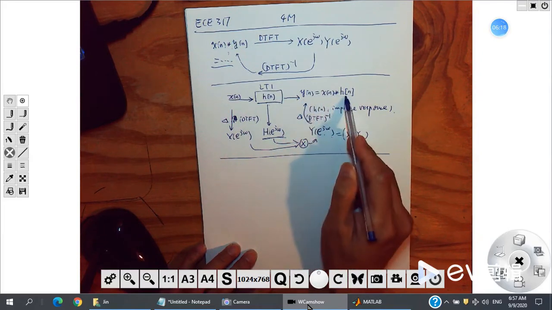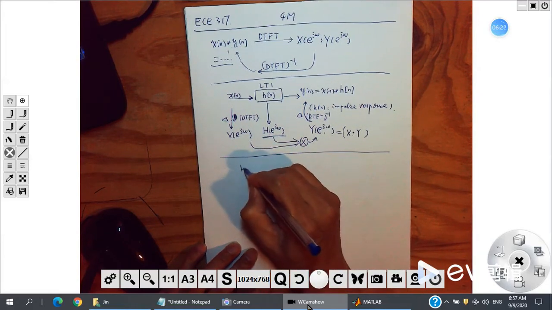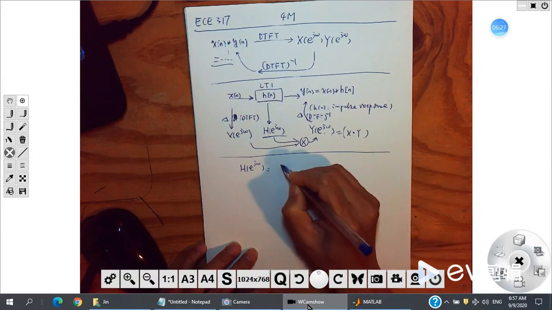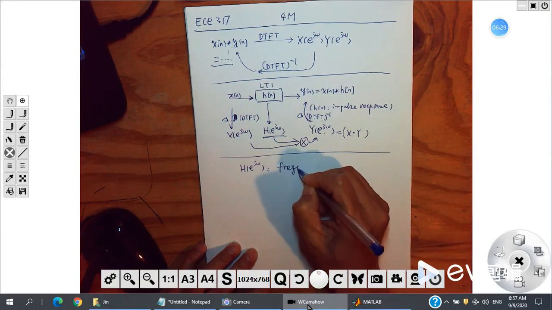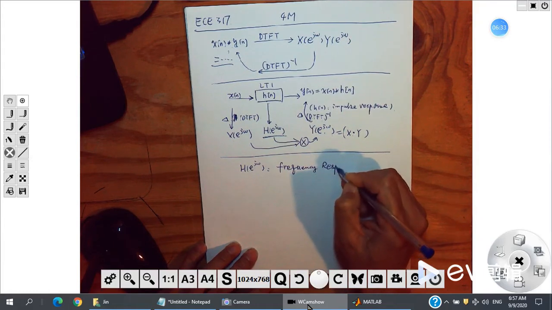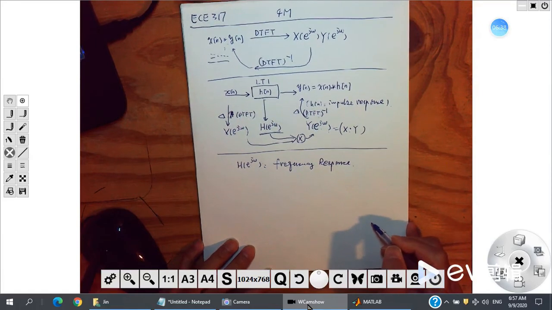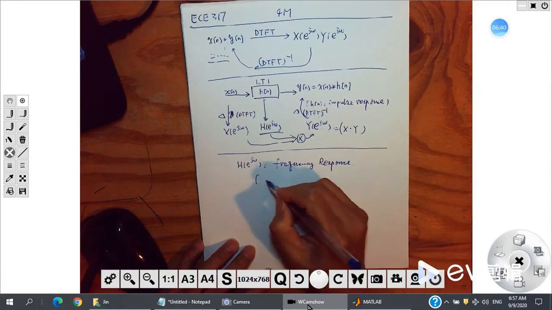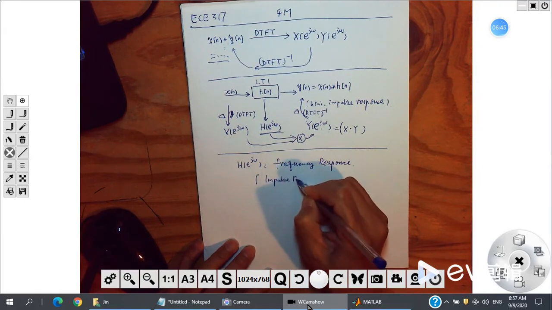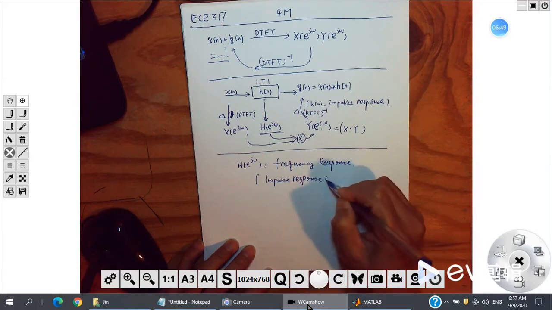And this H, we have a name. H of e to the j omega is called the frequency response. The meaning is that it is the impulse response, but in the frequency domain.